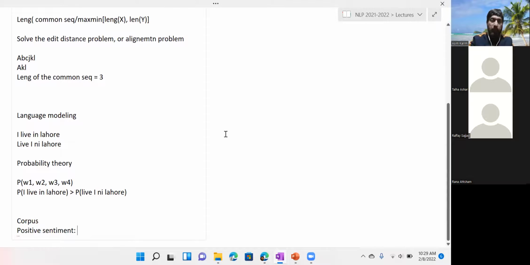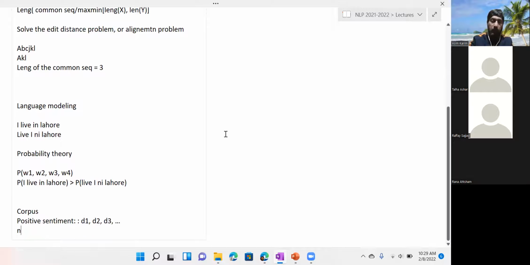So you have various tweets that are of positive sentiment. So let's say you have various documents D1, D2, D3 that are all positive. And then you also have negative sentiment documents. And let's say here again, you have D1, some other D1, not the same D1, of course, D2, D3, and so on.